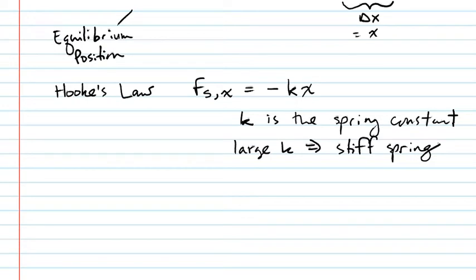The larger the k, the stiffer the spring. If you wanted a unit for the k, I don't know if it's so worth writing down, but the SI unit for the spring constant, that almost looks like English. The SI unit for k, or the spring constant, is just a newton per meter. Nothing too special there.